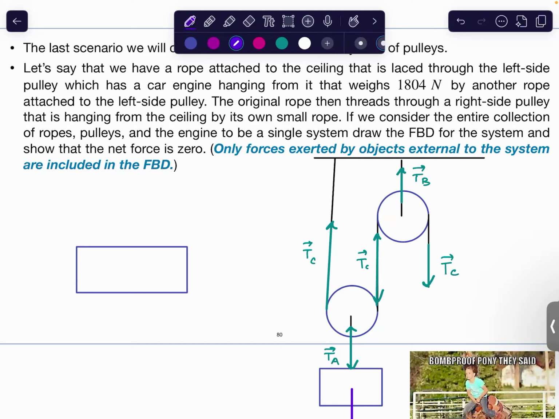One thing we have is the gravitational force.